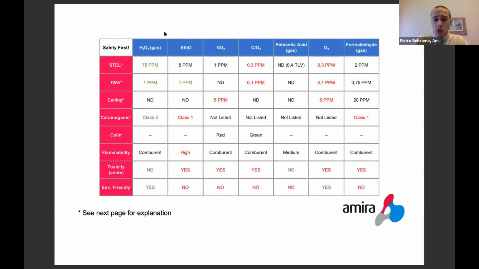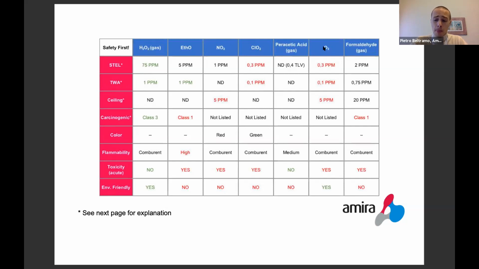It's important because when you look at H2O2 gas, there are parameters like the short-term exposure limit, or the TWA, which is the long-term exposure limit. And you see that the molecule is very, very safe. Look at the ozone.